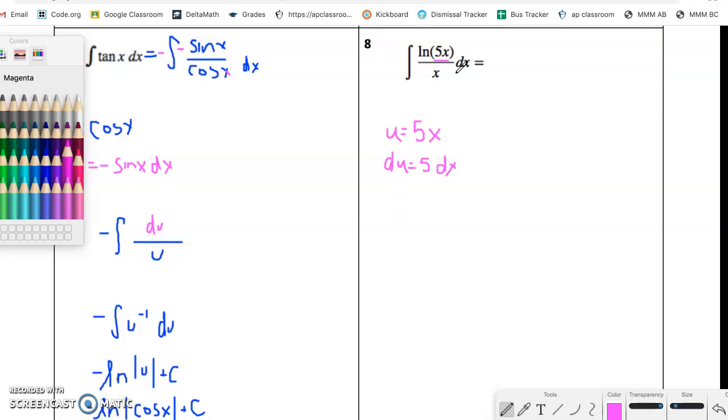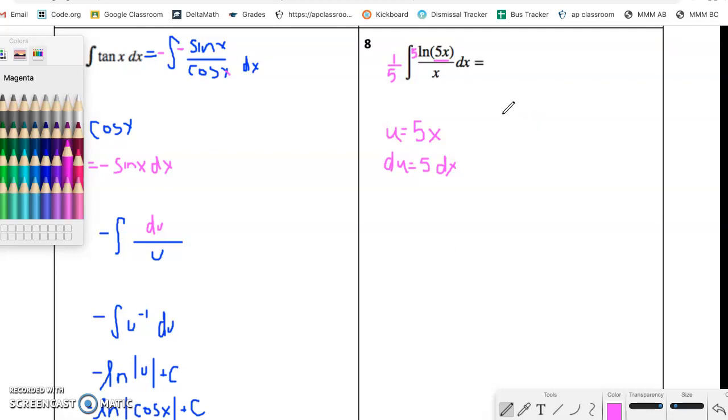Now, here, I don't have the 5 on the outside, so I'm going to put 5 here, and outside the integral, I'm putting the 1/5, because 5 times 1/5 is 1, so it's like adding nothing to this integral.